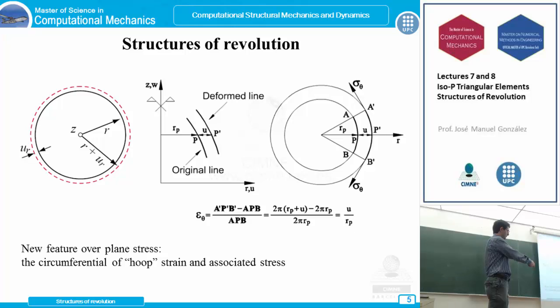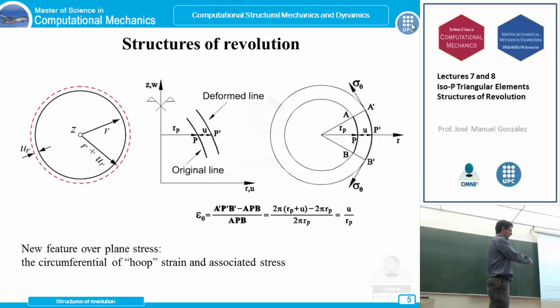Take into account that this circumferential strain involves a radius r, the location of the point, which means it does not involve partial derivatives as it used to be with the radial and the vertical strains and the distortions. So we are not using a partial derivative, it's just a displacement divided by r.